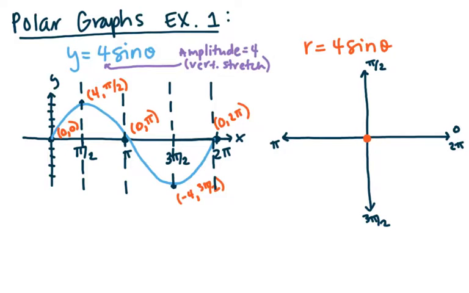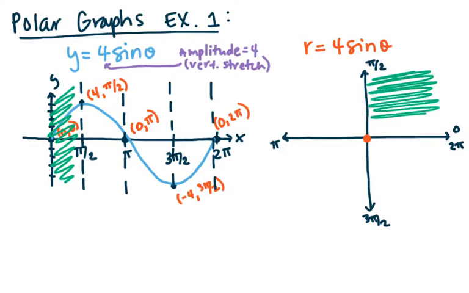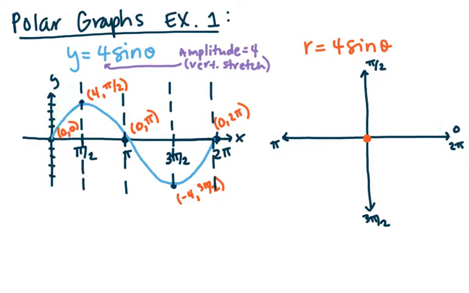But this first section right here is going to be occurring between 0 and the angle pi over 2, which means it corresponds to this quadrant on our polar graph. So as my graph is changing from a radius of 0 to a radius of 4, it's also traveling through this particular quadrant, making that change. So that means I need to go ahead and maybe do some tick marks.